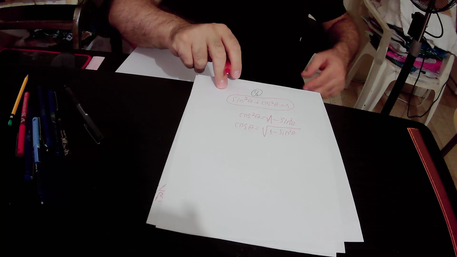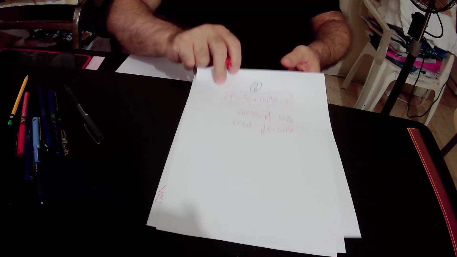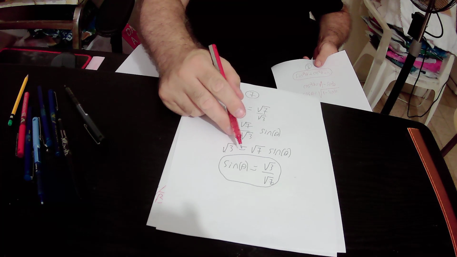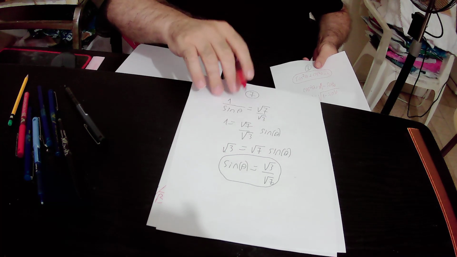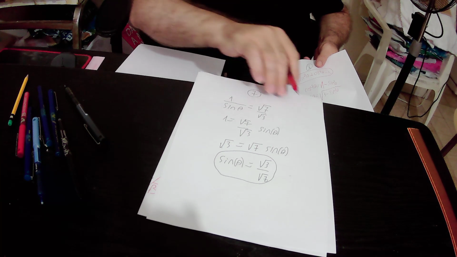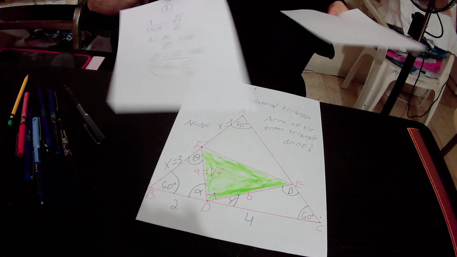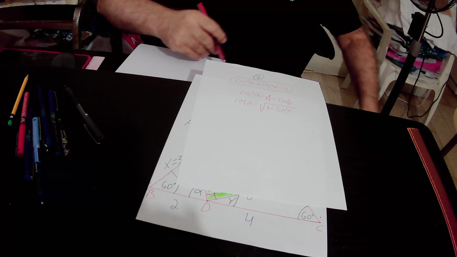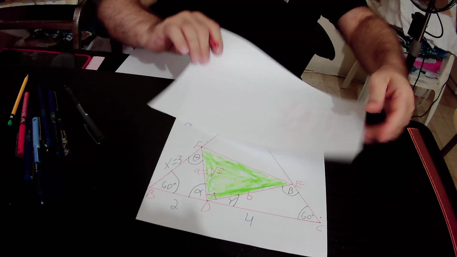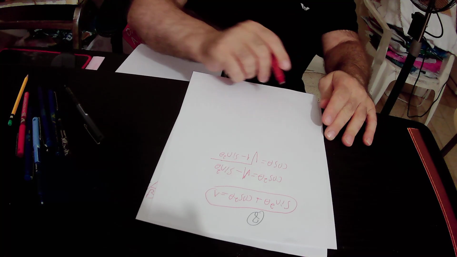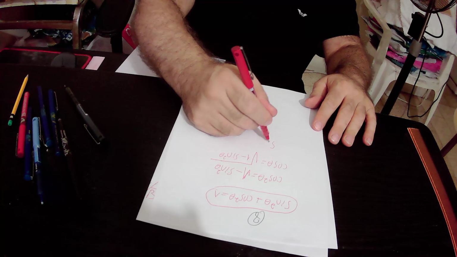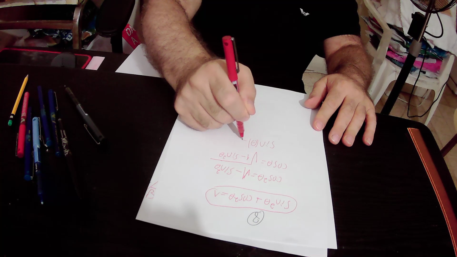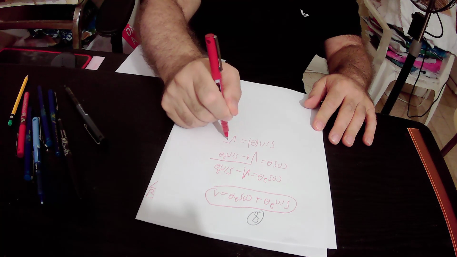Okay, but we have already found out that the value of sinus theta is root 3 over root 7. Okay, so we can write here that the value of sinus theta is actually root 3 over root 7.